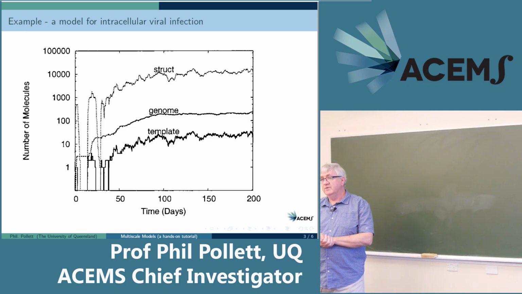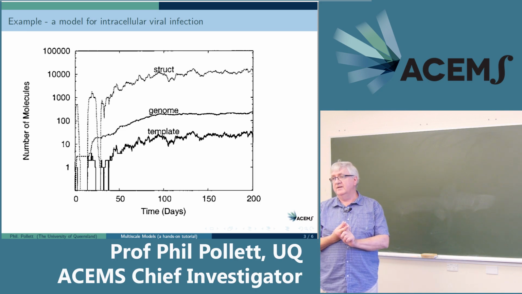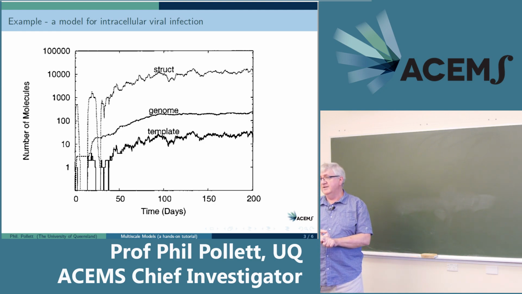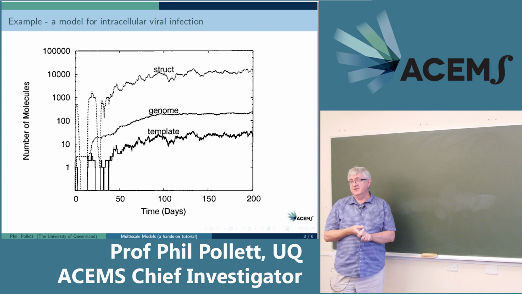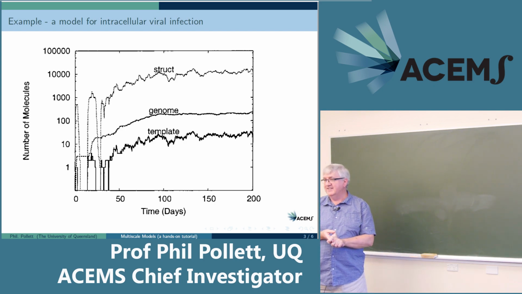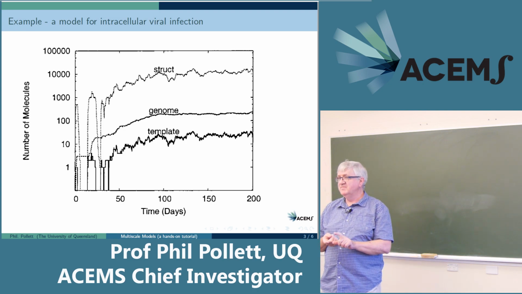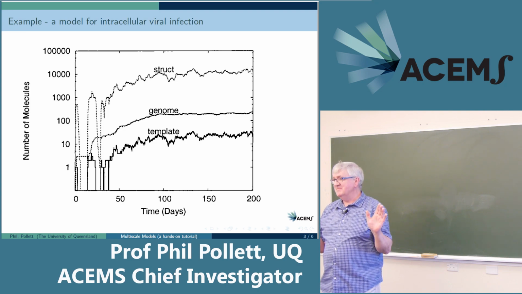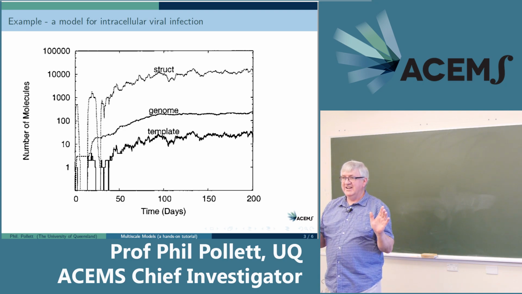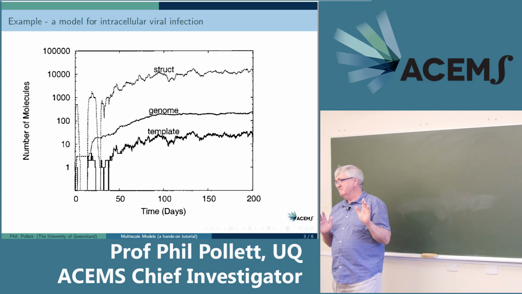And so what we're seeing here, immediately we see that the three quantities of interest are vastly different in terms of their orders of magnitude in terms of their numbers. So in a way, plotting these three quantities on a log scale is kind of good multiscale modelling, because we actually get to see them all and see their behaviour.